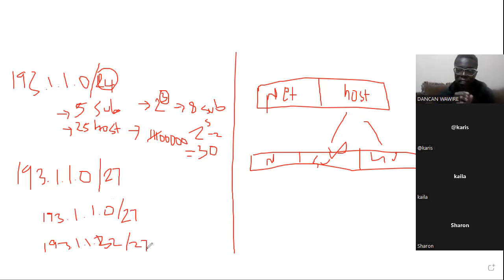Tumesema only 5 bits are being left for host. Now, that is 2 to the power 5. That means kama tunazipanga zikiwa 8, zitakuwa zinatofautiana a difference of 32. And why 32? Because 32 is the maximum number of hosts tunaweza kuwa nazo. So there's no way inaweza kuwa lesser ama more.